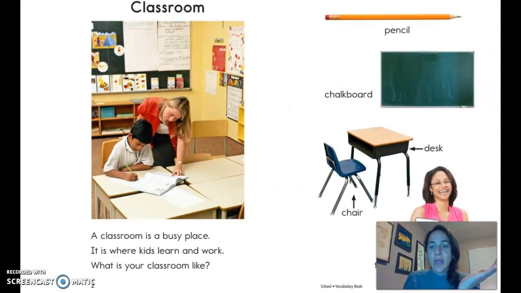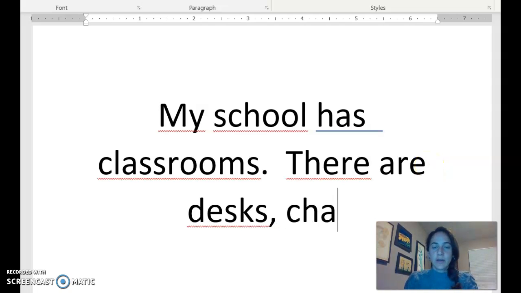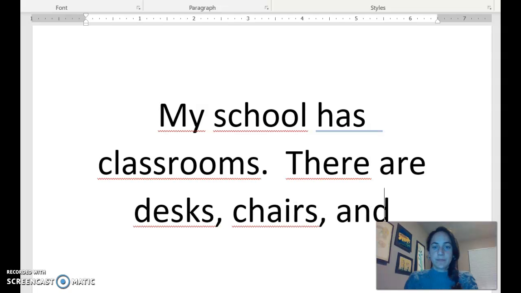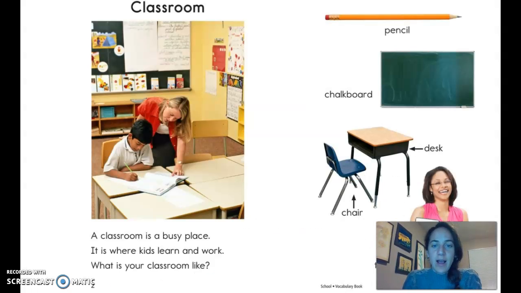Let's use the vocabulary from our book. Yes, our classrooms have desks and chairs and a teacher. My school has classrooms. There are desks, chairs, and teachers. Yours might be different. This is just an example. Think about what you remember about school, and you can put it on your work.